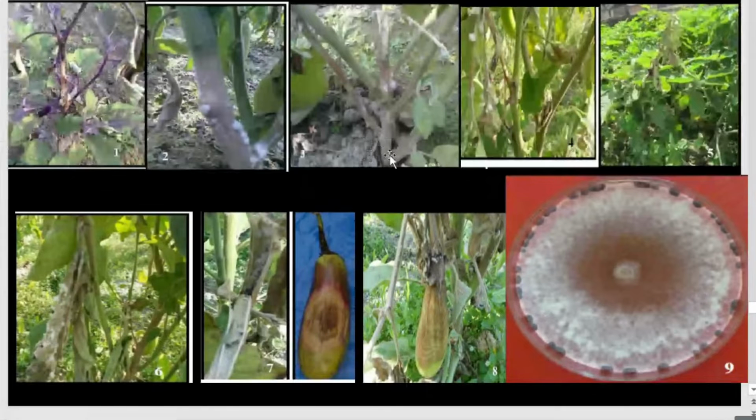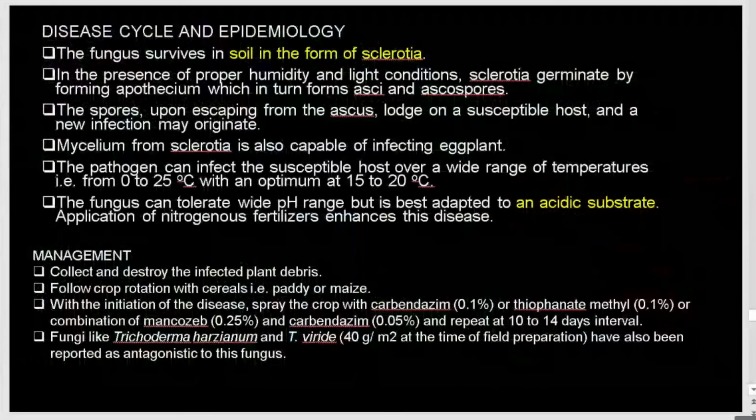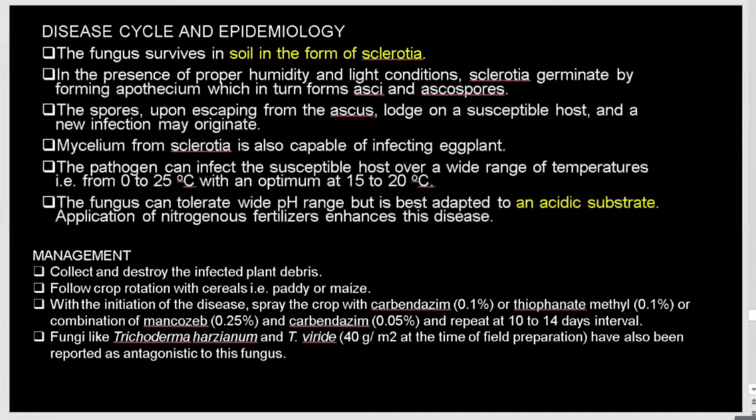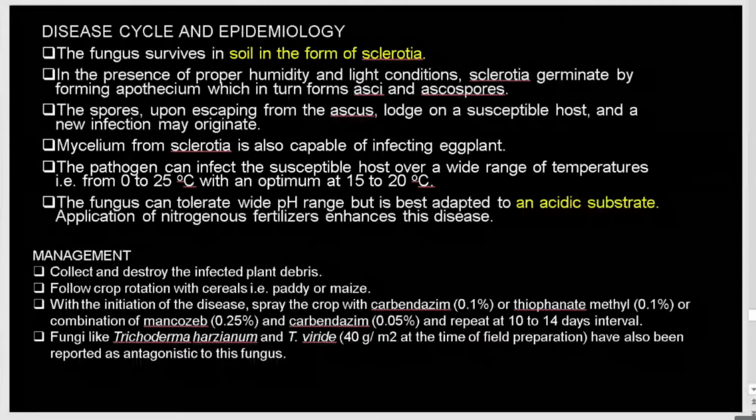There is some water soaking, dark streaks are formed, and soon fluffy mycelial growth is seen, accompanied by formation of dark colored sclerotia, and they proceed upward. They can infect the leaves and cause blighting. About management and disease cycle, everything is the same, so I won't be discussing this time and again.